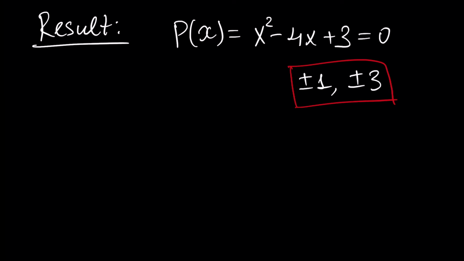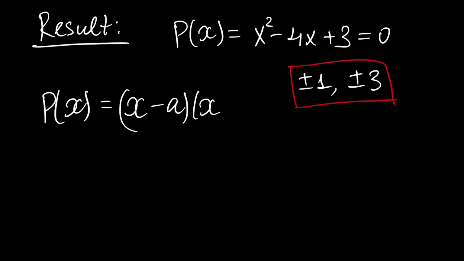Why is that? Because when we have, for example, 2 roots of our polynomial, of our equation, p of x must be equal to x minus a times x minus b.